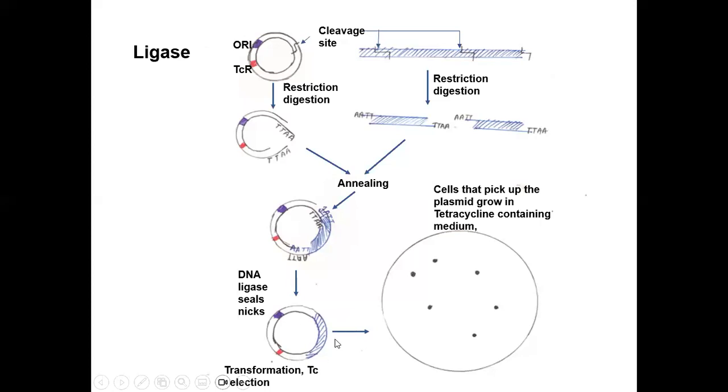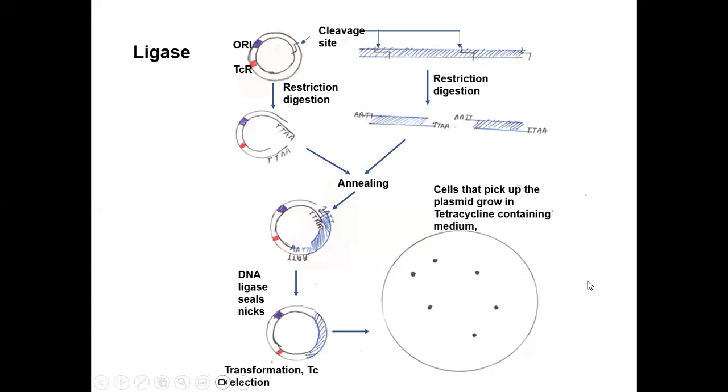After formation of an intact plasmid, we perform a transformation reaction using a suitable host cell such as E. coli. And here you can see a Petri plate. The Petri plate used over here has a medium containing the antibiotic tetracycline. So only those bacteria that have picked up the plasmid are able to multiply and form colonies on the tetracycline-containing medium.